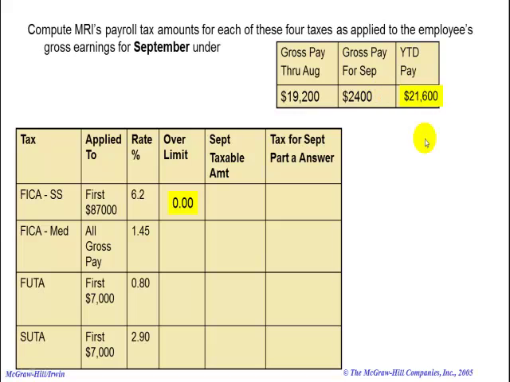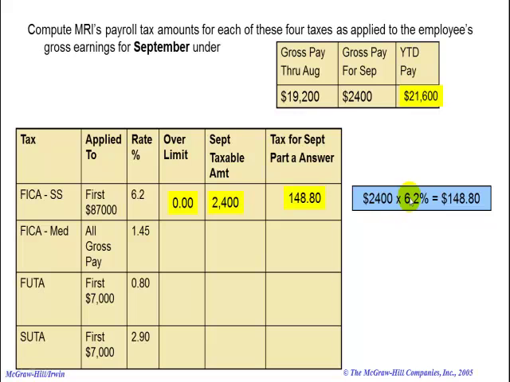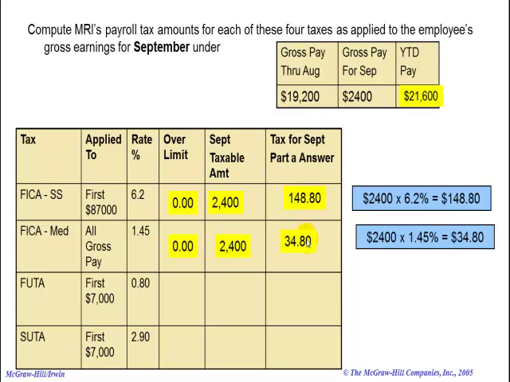They've only made $21,600, so the full $2,400 is taxable, and that means that the tax for September will be $148.80, which is $2,400 times 6.2%. Medicare, there's not going to be a limit, so we've got $2,400 times 1.45%, which is going to be $34.80.